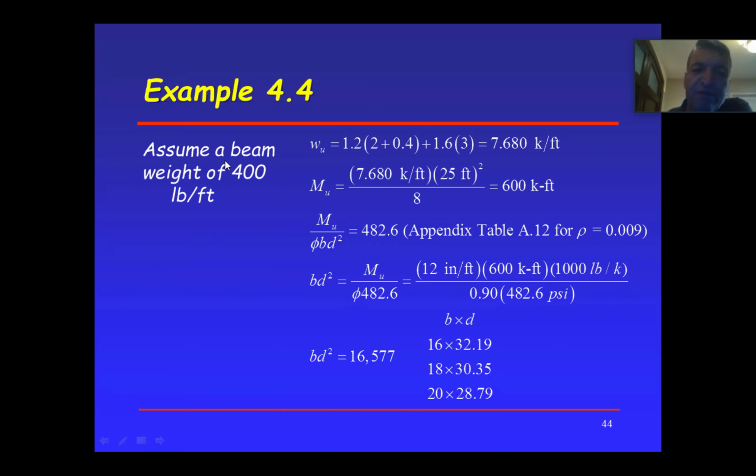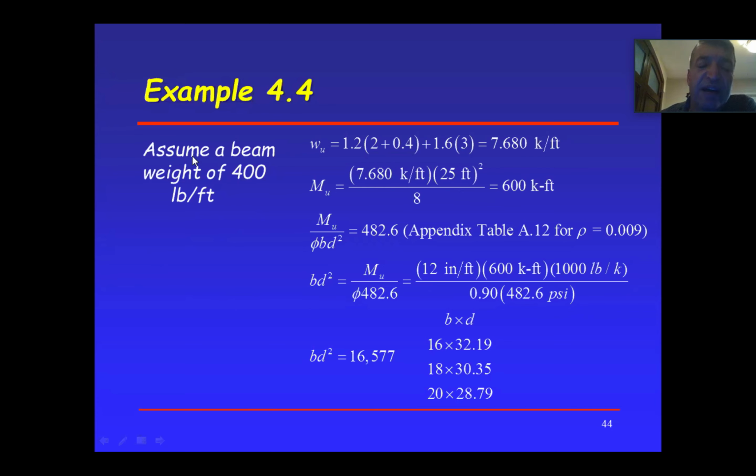Assume a beam weight of 400 pounds per foot. The last example, the beam weight was included. The one before, we didn't assume, but we assumed the width and depth based on like 10% of the span, and once we found the cross section, we got the weight. This is you assume the weight right away, but look what happened now.